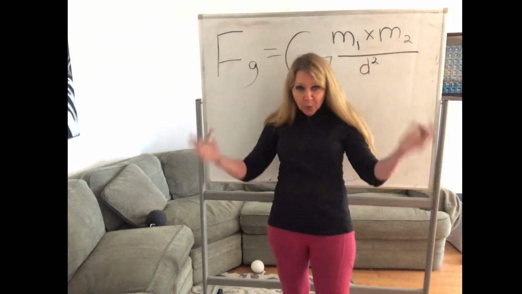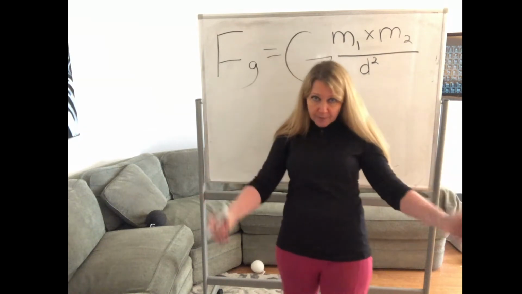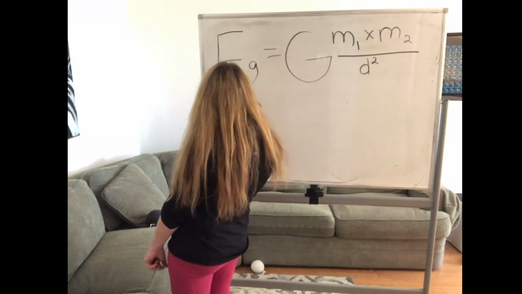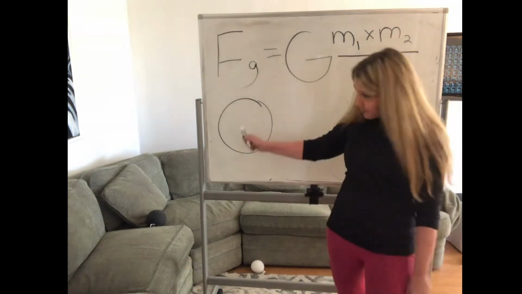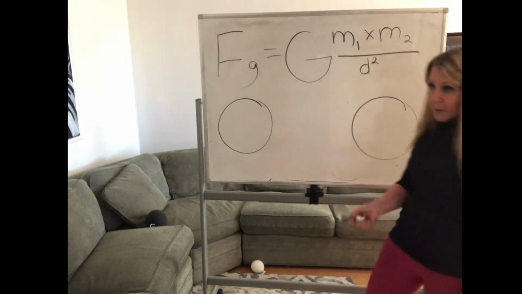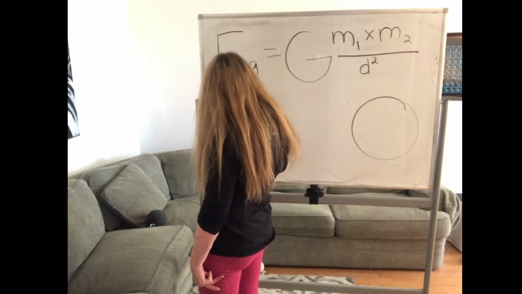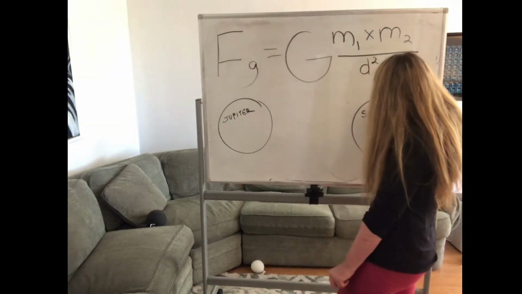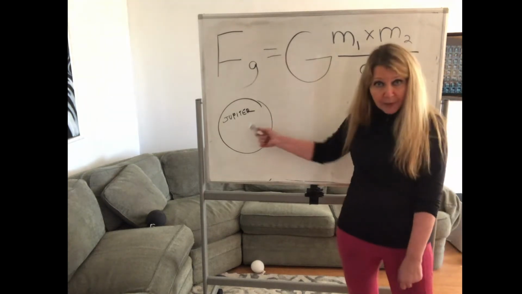We want to know the gravitational force between Jupiter and Saturn. So here we have Jupiter, let's say, and here we have Saturn. So let's label them. Okay, we're going to make Jupiter M1.